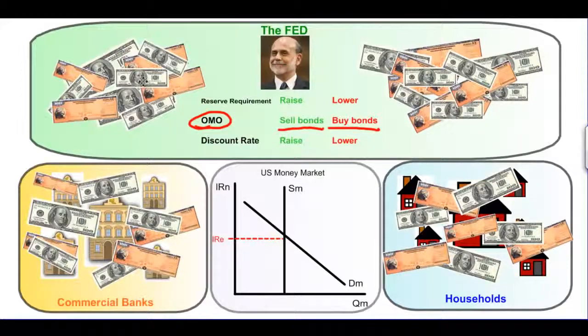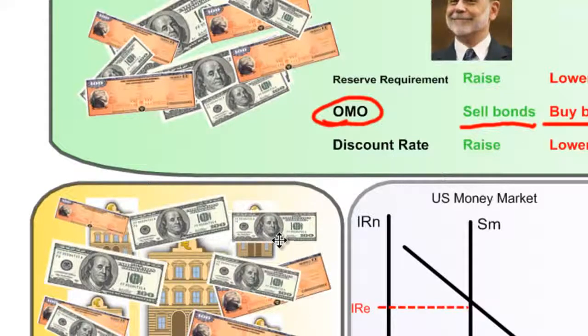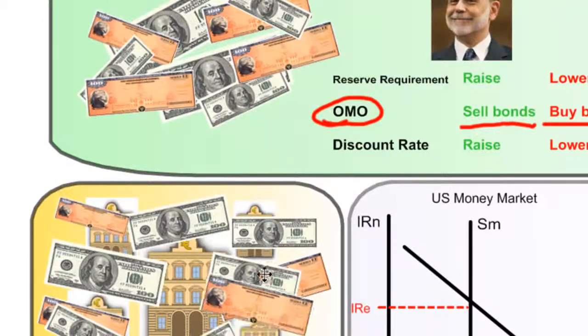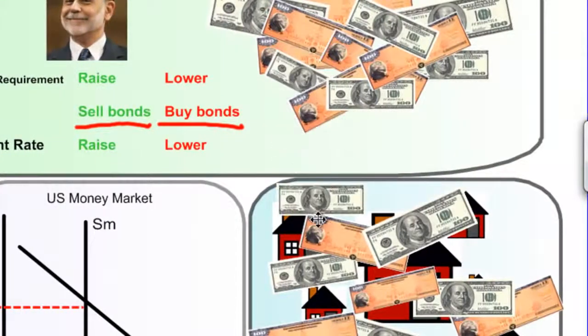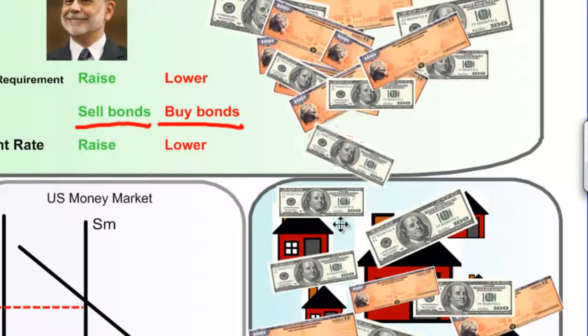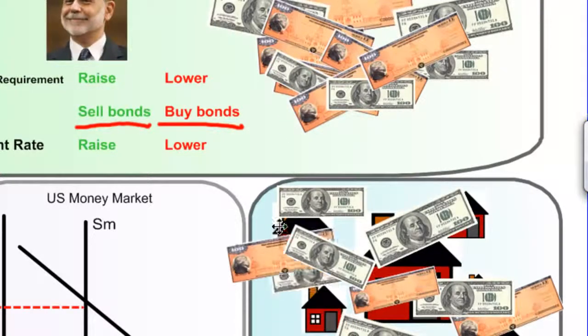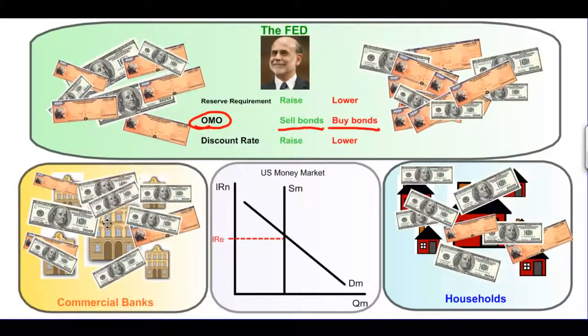To buy bonds, the Federal Reserve will give liquid cash, as we see here, in exchange for illiquid bonds. So bonds will go into the Federal Reserve from commercial banks and from households. If they wish to continue to increase the supply of money, they can continue to buy bonds from the public. For every $100 bill inserted into the economy, a $100 government bond is withdrawn.